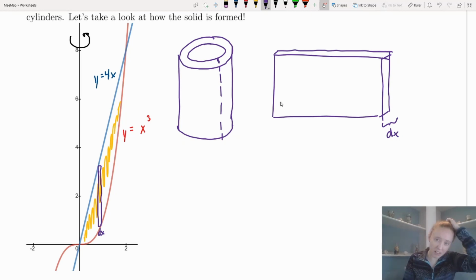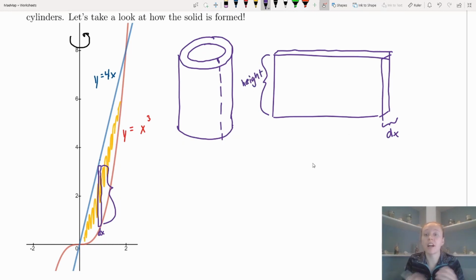The next thing we need to figure out is what is this length here? That is the height. The height of our cylinder is this length from one function to the other function. So noting back to the region between curves, that's going to be one function minus our other function, our top function minus our bottom function. That's the height.